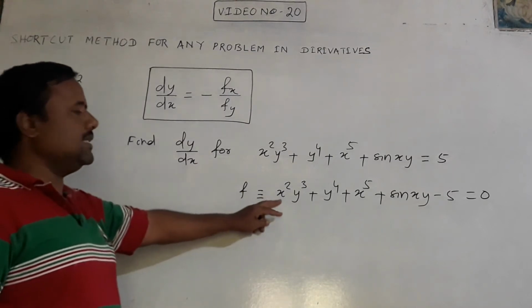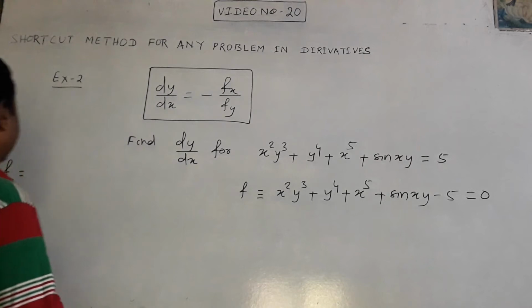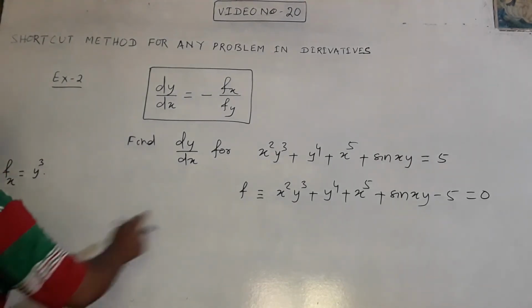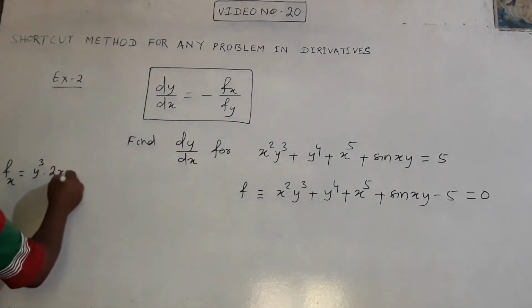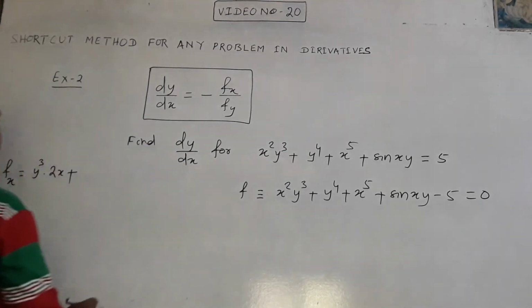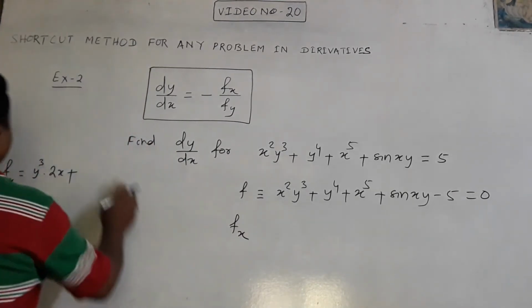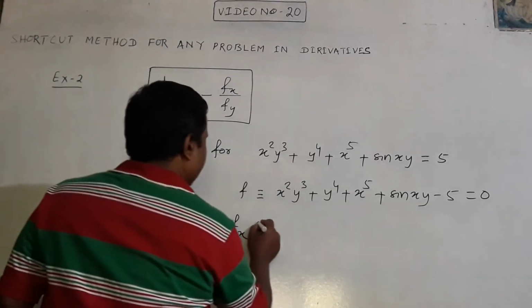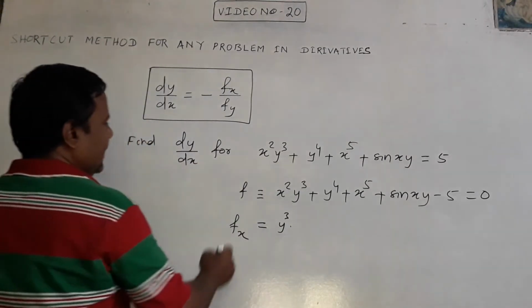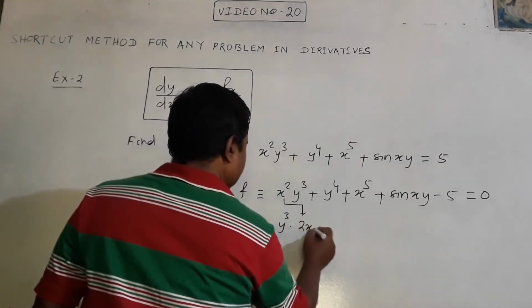When you differentiate with respect to x, y becomes constant. So y cube will be kept outside. Derivative of x square is 2x.